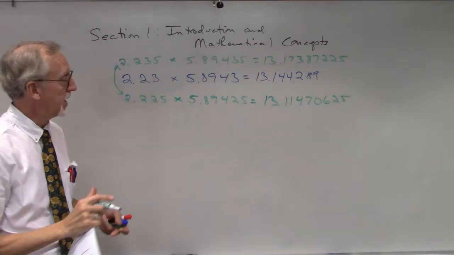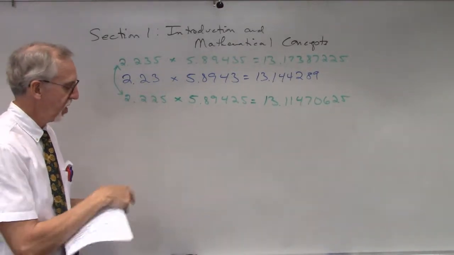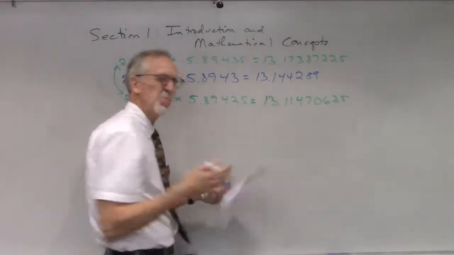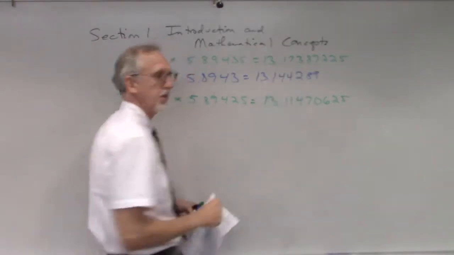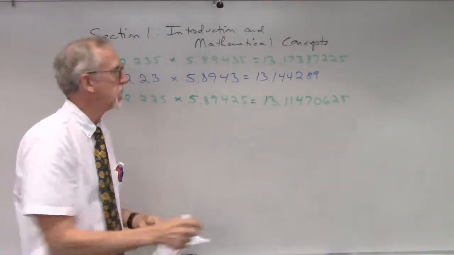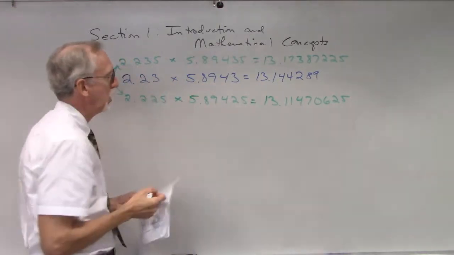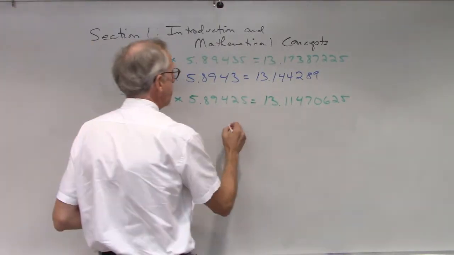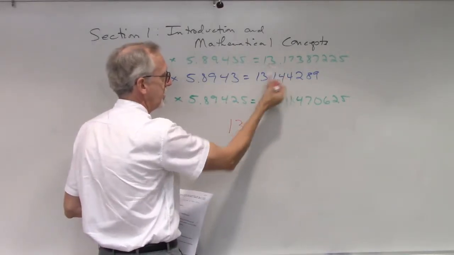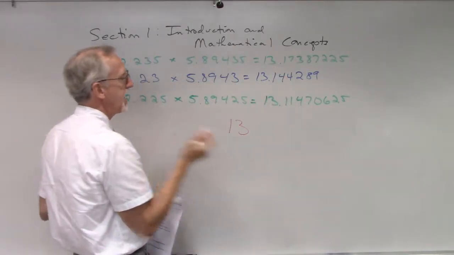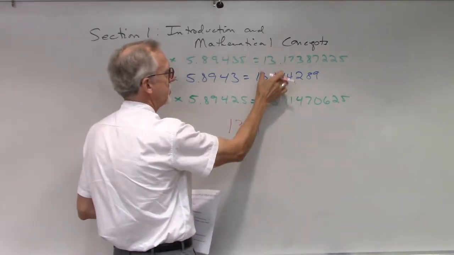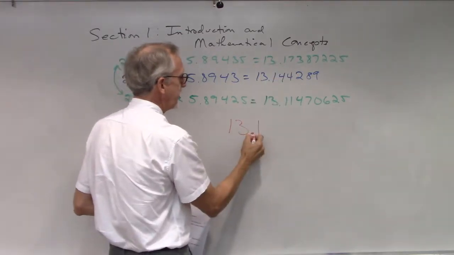So what we are saying is the product of these numbers really could be anywhere between this low value, approximately, and this high value, approximately. So how accurately can we really quote our product of these two? Can we say that it's really 13? Yeah, we can say 13. Can we say 13.1? Yeah, this is 13.1, this is 13.1, so we can say 13.1.